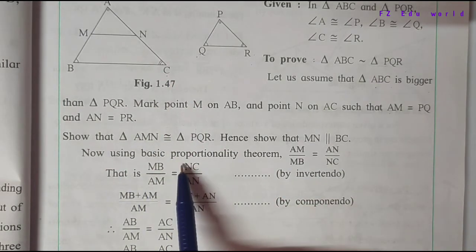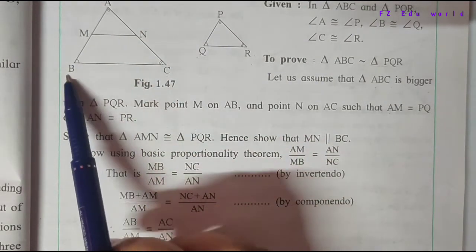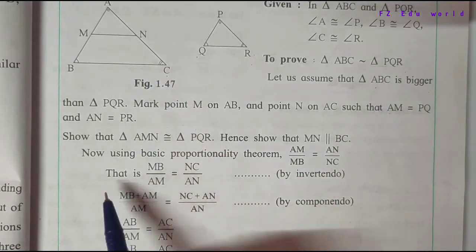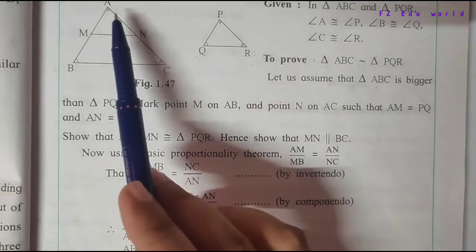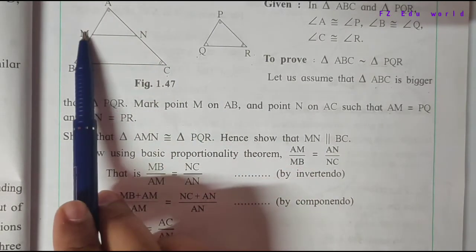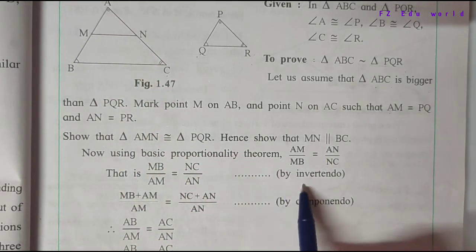Now, using the basic proportionality theorem, AM upon MB is equal to AN upon NC. That is, MB upon AM equals NC upon AN, by invertendo.